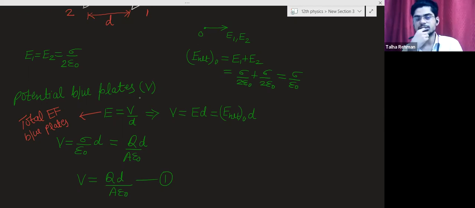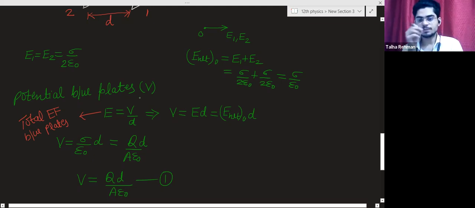And sigma is the surface charge density, charge upon area.